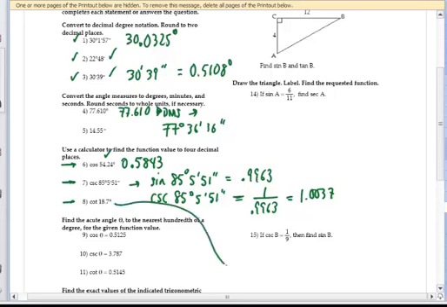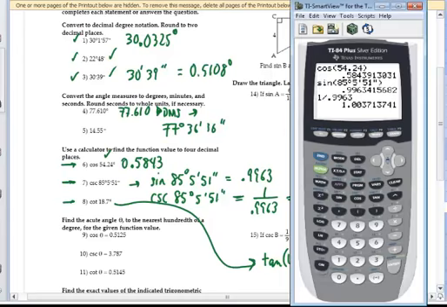The last one, cotangent of 18.7 degrees. First you would take the tangent of 18.7 degrees, because that's what you have the calculator able to do. You get that ratio, and then once you get that ratio, you would take the reciprocal.